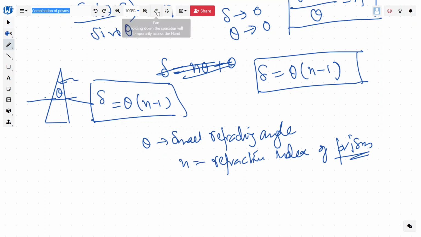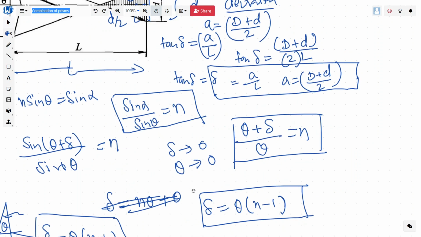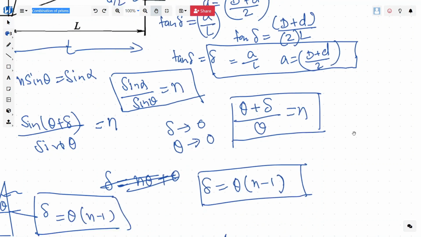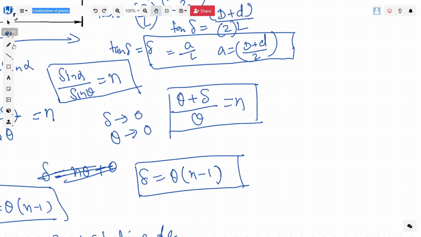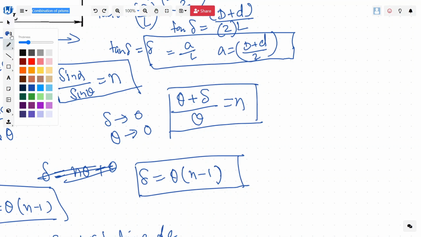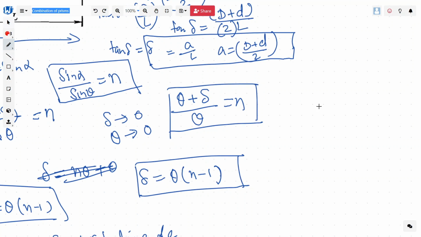So we need to find d. We have a relationship here, so delta is known now. Once again, delta is a by l. A we have already defined here, and delta we know from the other side, which is theta into n minus 1 is a by l.